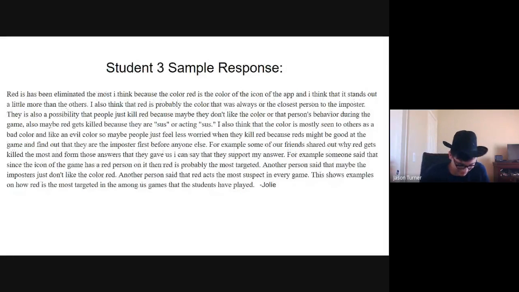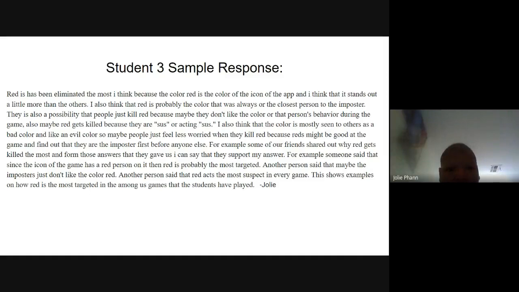Red has been eliminated the most, I think, because the color red is the icon of the app, and I think that it stands out a little more than the others. I also think that red is possibly the color that has always been closest to the imposter. There's also a possibility that people kill red because maybe they just don't like the color or that person's behavior during the game.